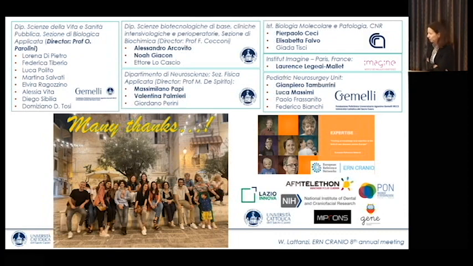Yes, of course, we are not yet in the clinical field. These days we are starting the preclinical model in collaboration with the Laurence Legeai-Mallet lab in Paris. So they are using this in the animal model. Of course, the time frame is different from the animal model to humans, but the translational idea is to perform this either within the surgery or right after, using a hydrogel or a suspension with the siRNA inside PLGA nanoparticles, so you just do a transdermal injection.